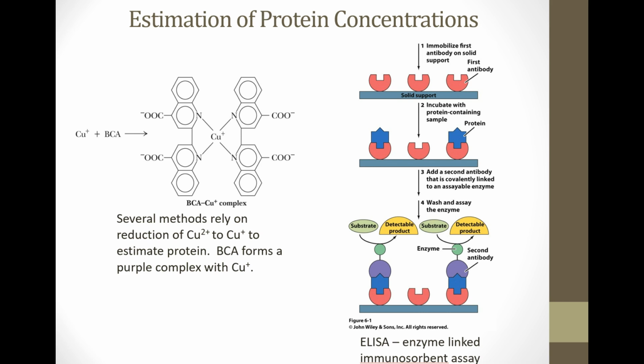So, another technique that we should be comfortable with is how protein concentrations are estimated. I talked about this a little bit, but it's worth pointing back to again. Obviously, an LC-MS type technique is your best for clear quantitation, but for semi-quantitative analysis or estimation, these are good techniques.